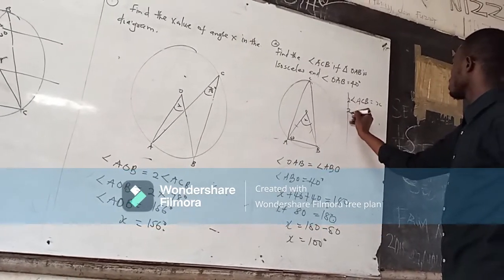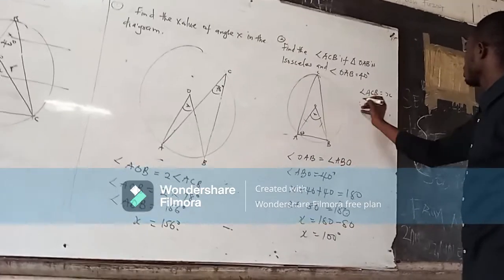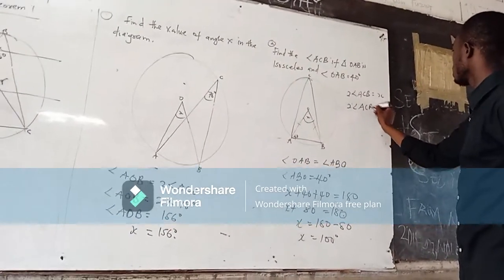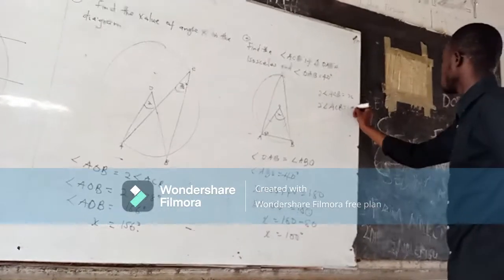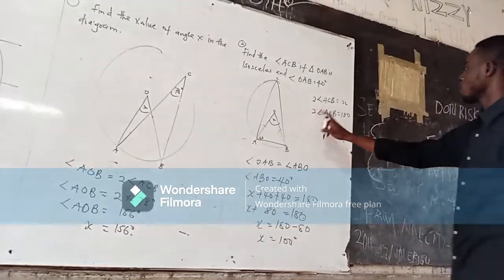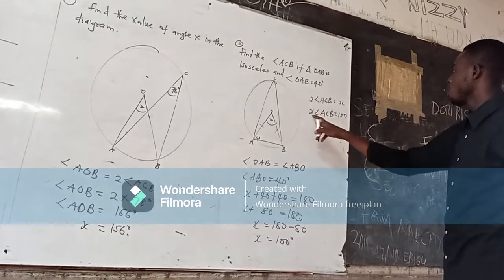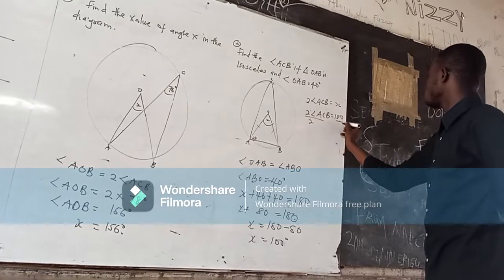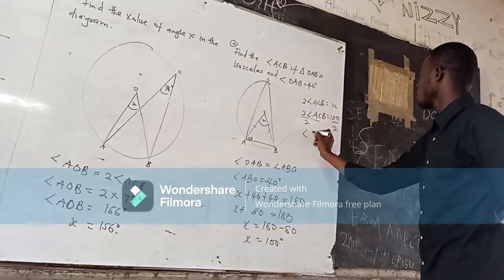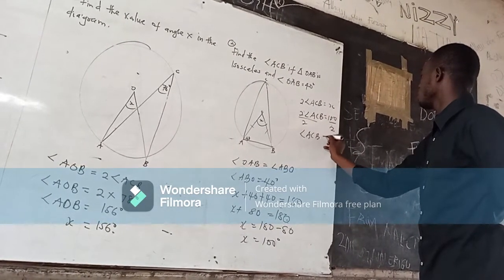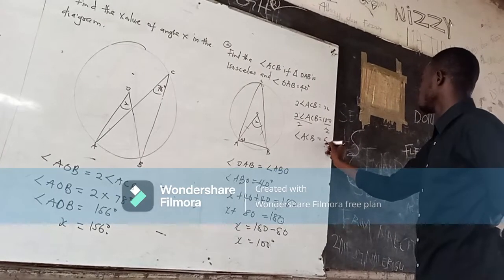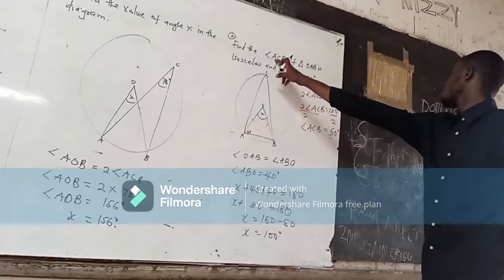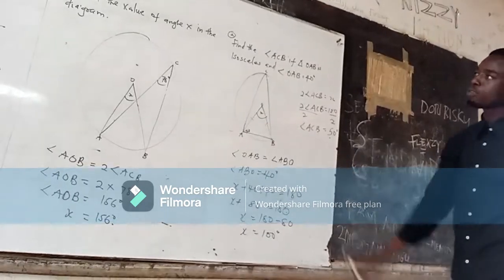We know that x has already been found, that is 100. So if 2 times of this one is equal to this, then if you want to find only this one, you divide both sides by 2. So angle ACB will be equal to 100 divided by 2, and it is what? 50 degrees. So it means that our angle that they asked us to find is equal to 50 degrees.